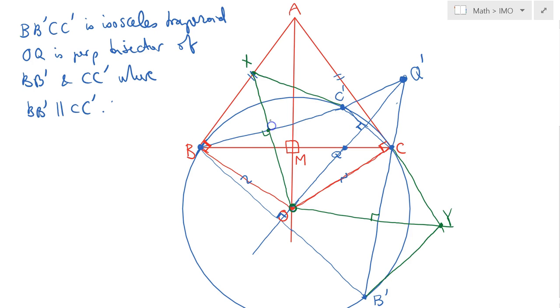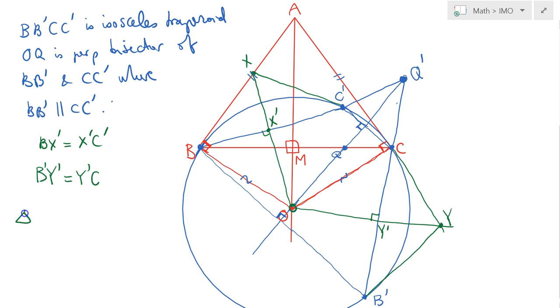So if I call this point X prime, I already know that BX prime is equal to X prime C prime. In a similar way, B prime C is a chord. From the center, I drop an altitude to that chord, it will bisect B prime C, so if I call this point Y prime, B prime Y prime is equal to Y prime C.